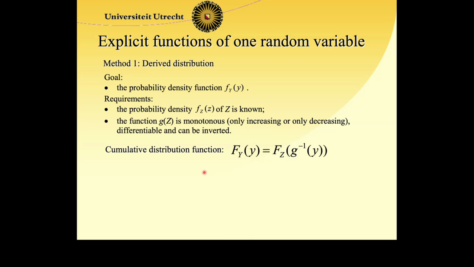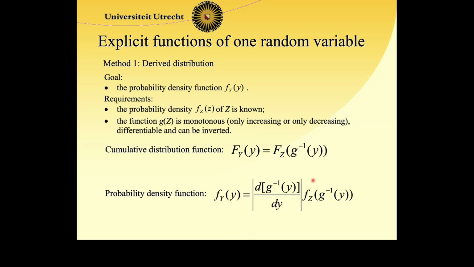We can do the same for the probability density. So we just plug in the original probability density of z. We plug in the inverse, writing z as a function of y. But we have to multiply times the absolute value of the derivative of the inverted function, the derivative with respect to y. And why is that?